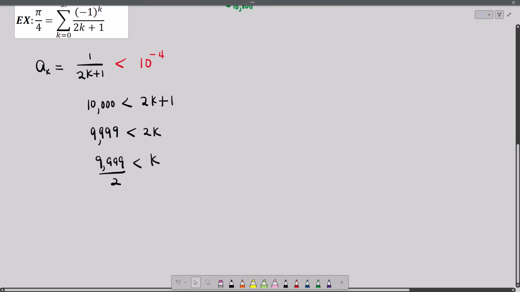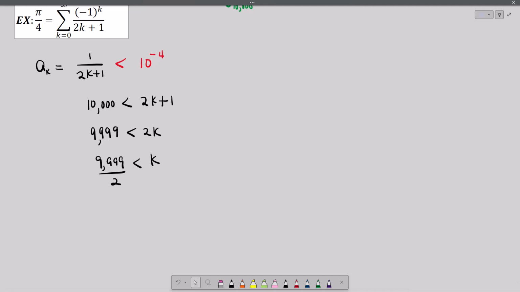We need to figure out the first k. K is a positive integer. We want to know the first k that satisfies that. And what would that k be? If you plug that into your calculator, what's the first integer bigger than that? Well, 10,000 divided by 2 is 5,000.